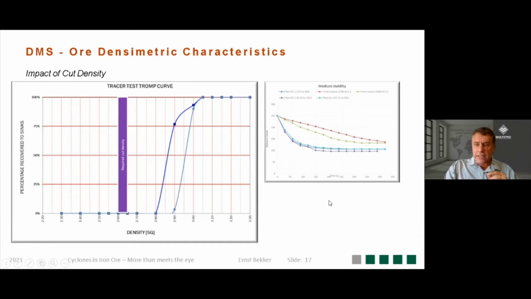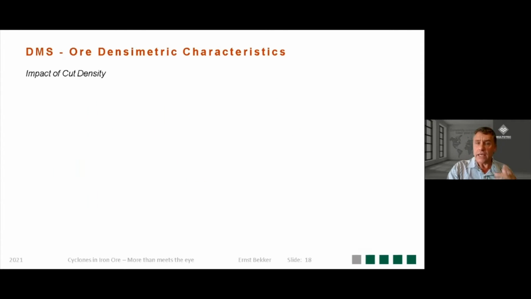This is a settling test over time. The red and the green lines are new ferrosilicon and the media that's in process. It shows a different type of settling rate, so the media is unstable. Now the question is, where do you need to go and look for the problem? But that is how a cut density can change.